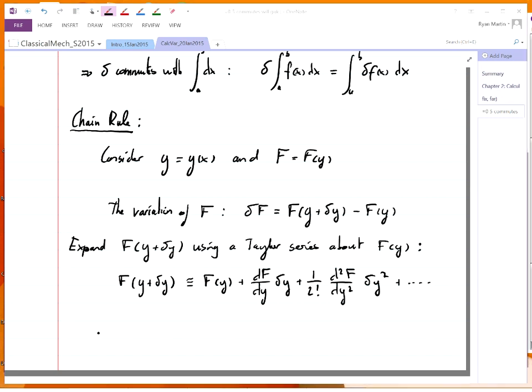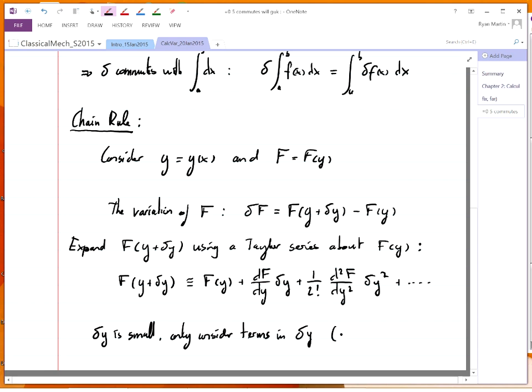So delta y is small, and we'll only consider terms first order in delta y. So effectively we're going to say delta y squared is roughly equal to 0.